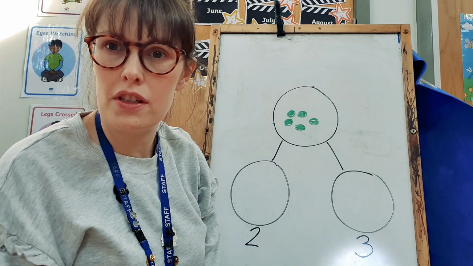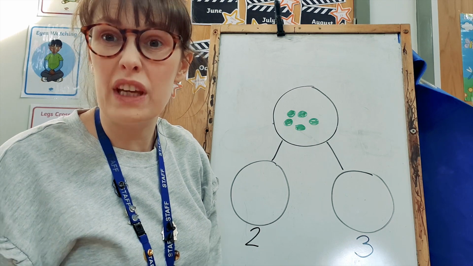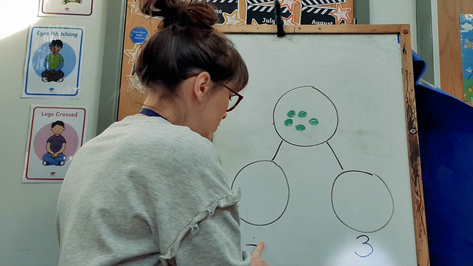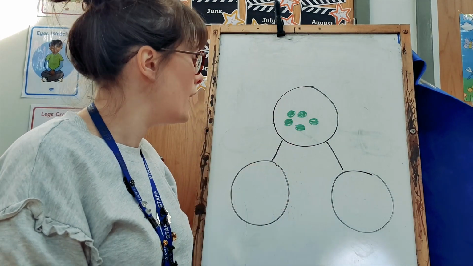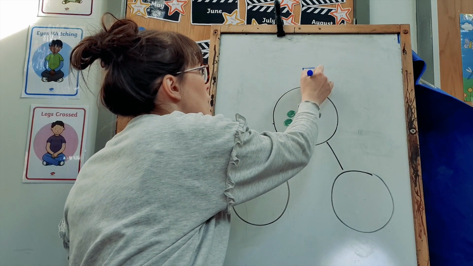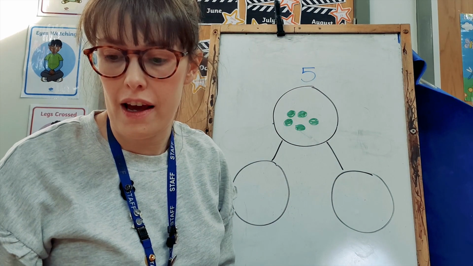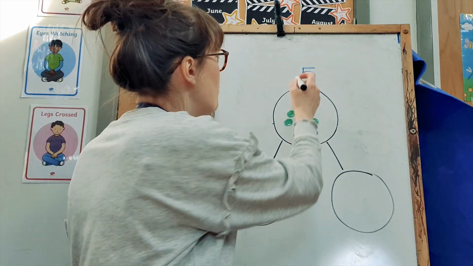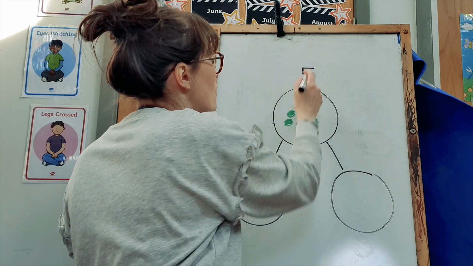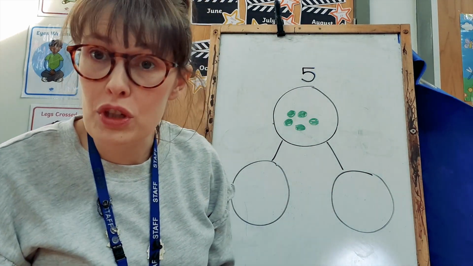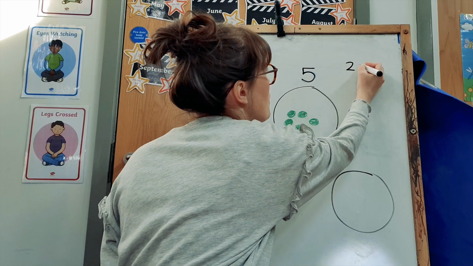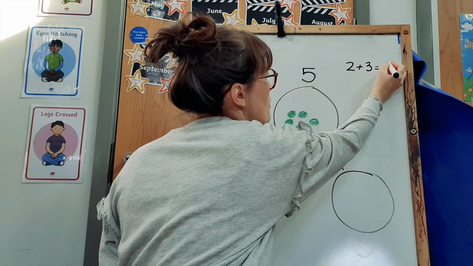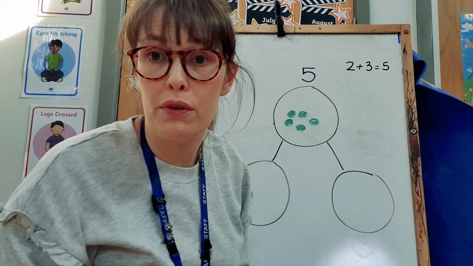Right, let's see if we can do this another way. What if you already were given the whole? Okay, so we have been given the number 5, and I would like to know what two parts could come together to make 5. Now we've already got 2 plus 3 equals 5.